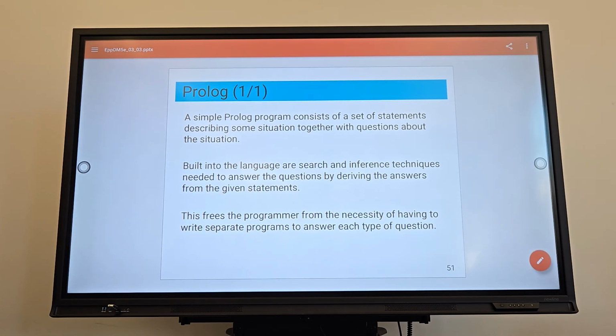the Prolog, the name comes from programming and logic, is what it is. It's just logic statements. A simple Prolog program consists of a set of statements describing some situation together with questions about the situation. In the language, there are search and inference techniques needed to answer the questions by deriving answers from the given statements.